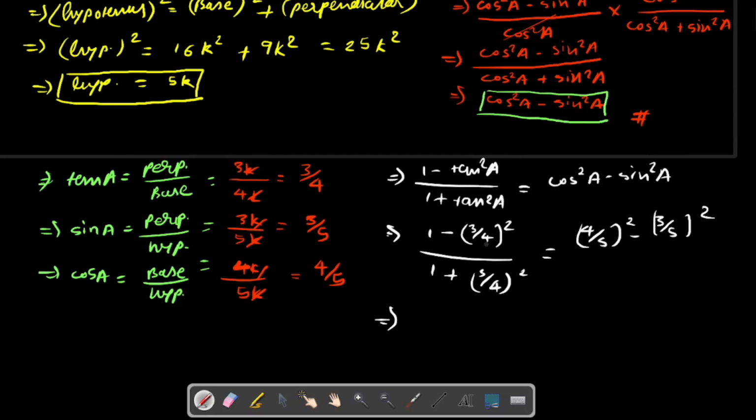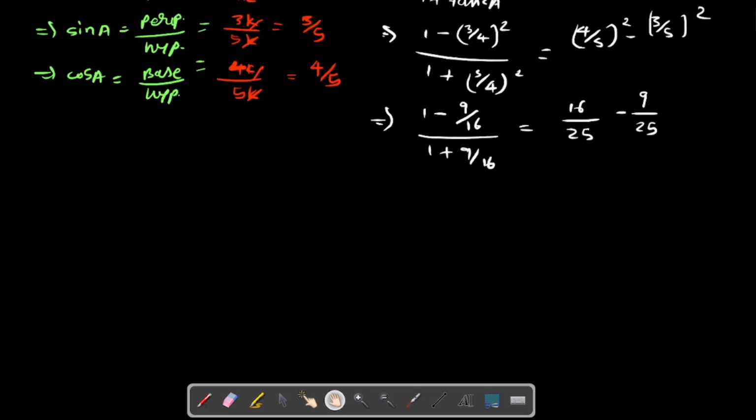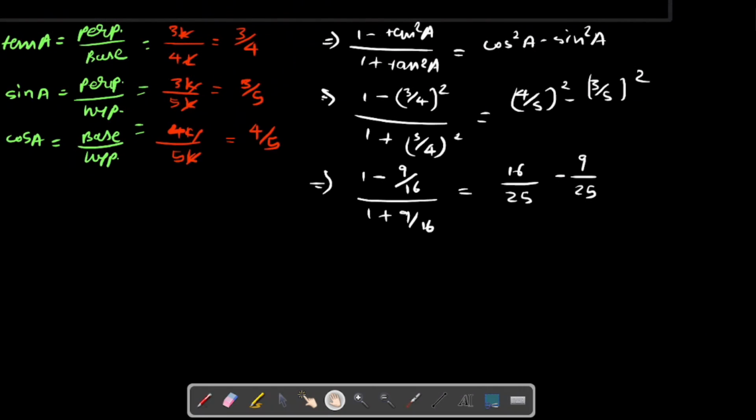Here 3 square is 9 and 4 square is 16, so it becomes 1 minus 9 upon 16 over 1 plus 9 upon 16. On the right side, 4 square is 16, 5 square is 25, minus 3 square is 9 and 5 square is 25. Here we have to take the LCM.